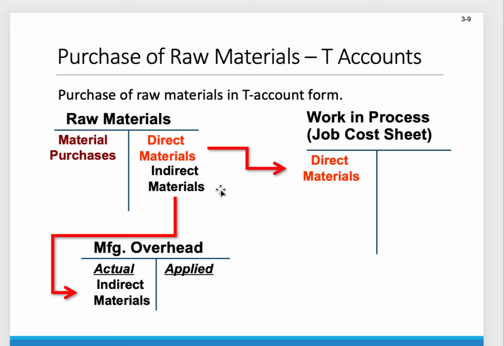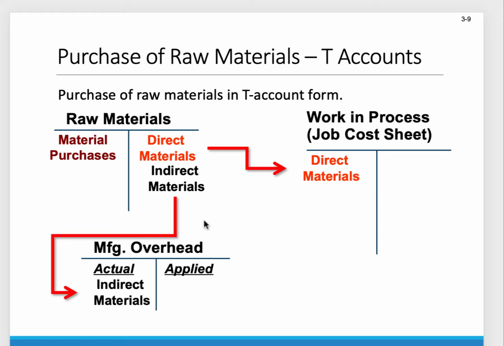Now, indirect materials, where do those flow to? Indirect materials, indirect labor, all the indirect costs flow to the manufacturing overhead side. Okay? Now look at manufacturing overhead. This is really important here. The left side represents the actual costs. The right side represents the applied costs.